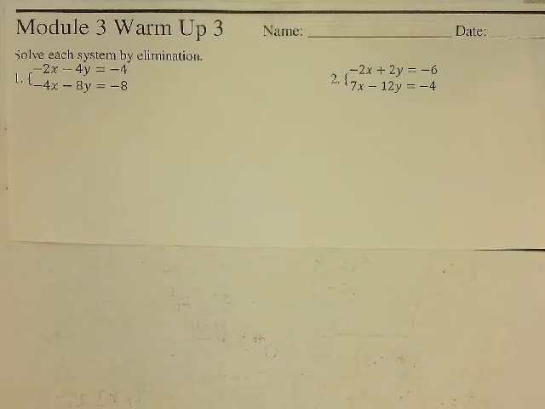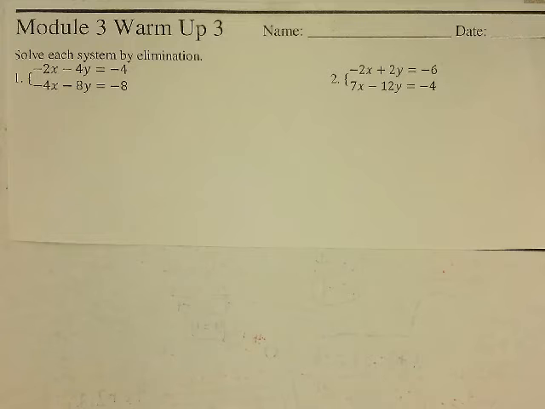So I have negative 2x plus 2y equals negative 6. 7x minus 12y equals negative 4. All right, so I'm going to multiply this by 6. Okay? Some people multiply both equations, that would still work. But if I multiply this by 6, I get a positive 12, which will cancel out.